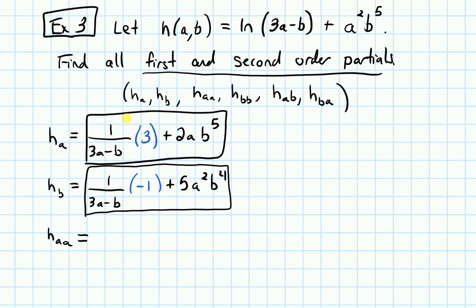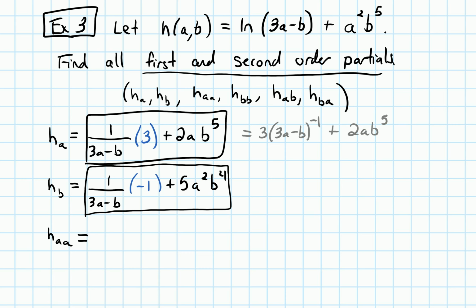So to take the partial of this now, it's going to be helpful if I rewrite this fraction as 3 times, and I'm going to move the 3a minus b up to the numerator. So when I do that, I get 3a minus b to the negative 1. If I do that, I won't have to use quotient rule when I take this derivative, and that'll be a bit quicker. All right, and next I'll just keep the next term the same, 2ab to the 5.